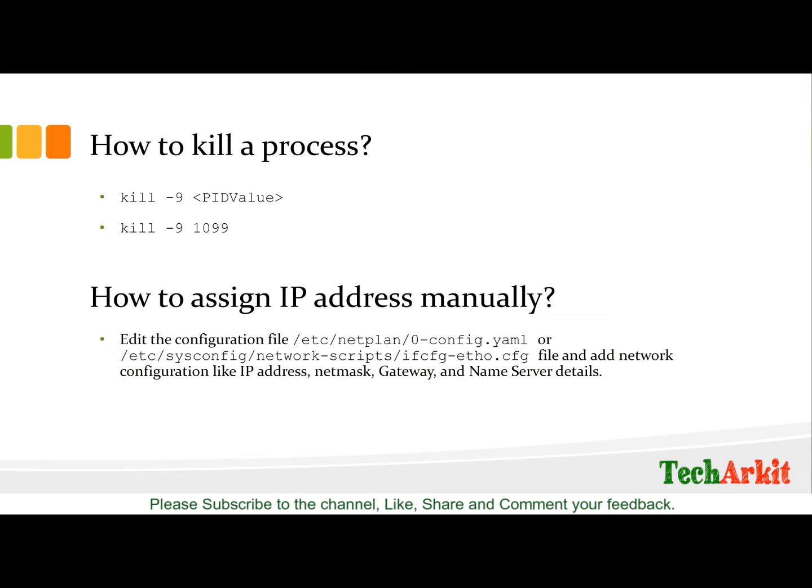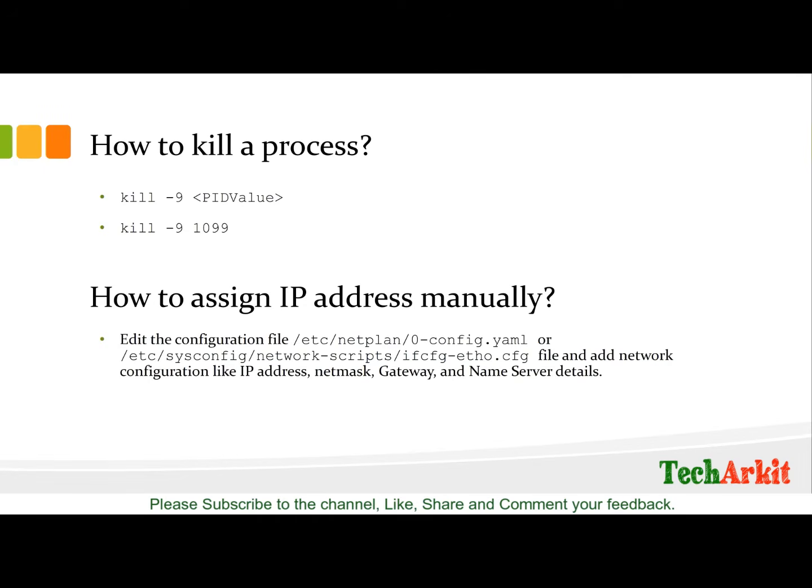Or in Red Hat based Linux systems, you can use /etc/sysconfig/network-scripts/ and ifcfg-eth0 or eth1, em1 or em2. Depending on the hardware, there will be a configuration file like eth0, eth1, em1, em2, and there would be different configuration files if you are creating bonding, the LACP group, where the interface would be bond0, bond1, something like that.